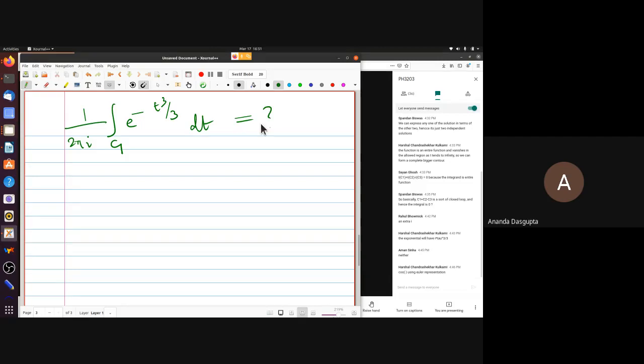This, of course, is the integral when x is 0. How can you find out its value? A clever choice of the contour would be nice.